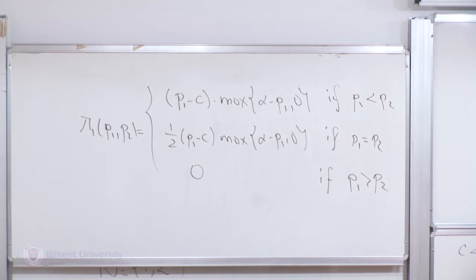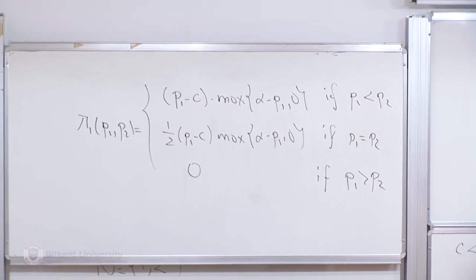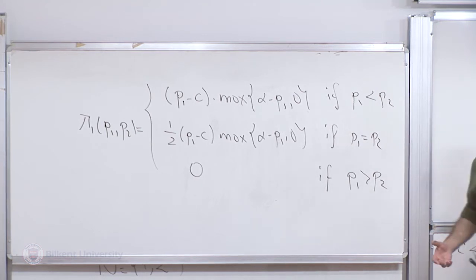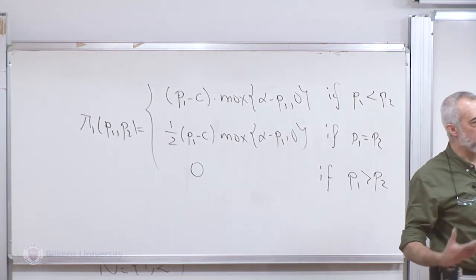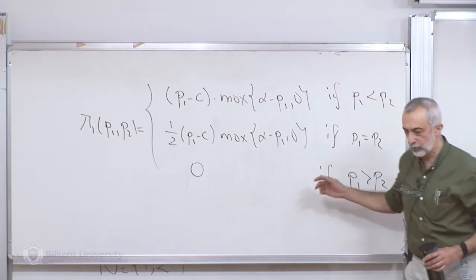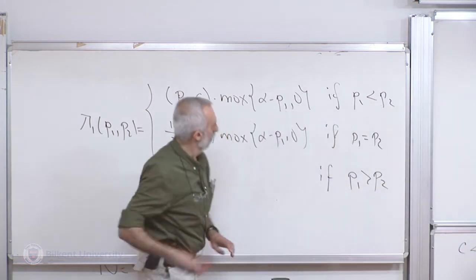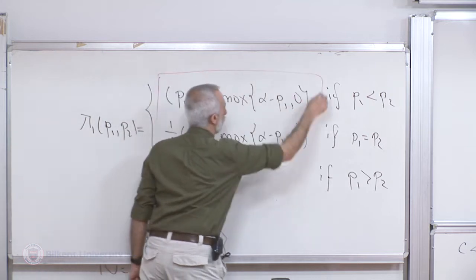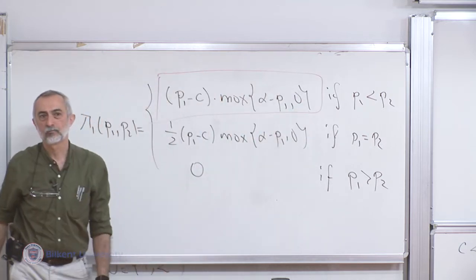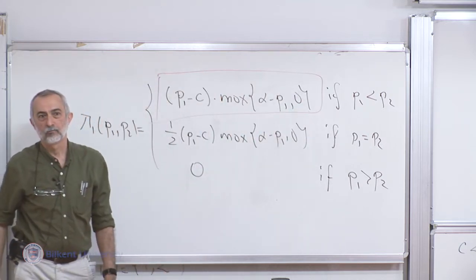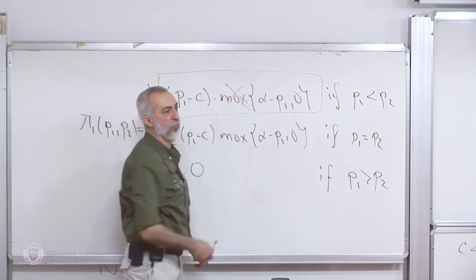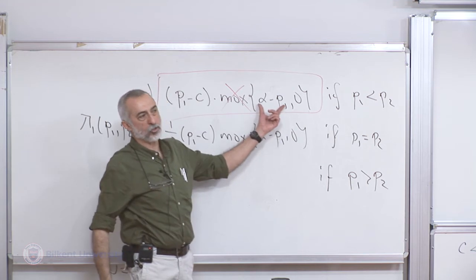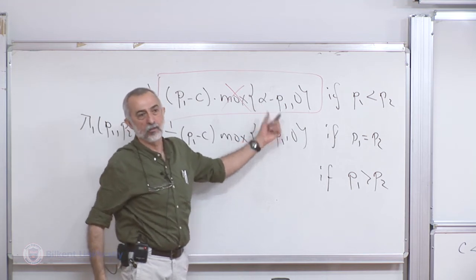So make some simplifications to start with and draw those simplified versions and then build on it. For example, rather than trying to draw the whole thing, why not just concentrate on this part? Which is still maybe complicated. Why not for a minute forget about the maximum and just take this to be alpha minus P1?